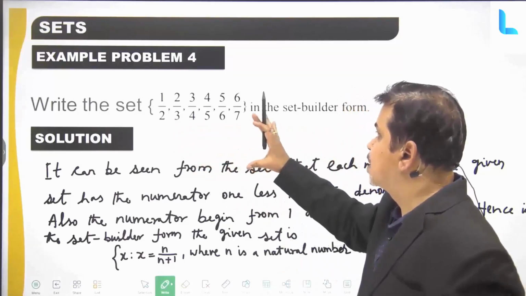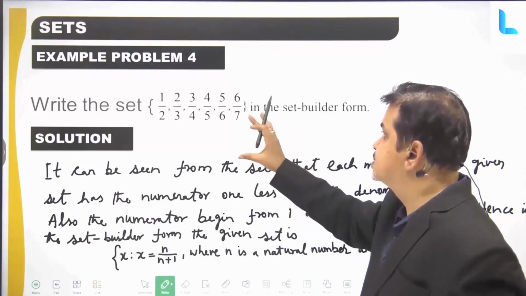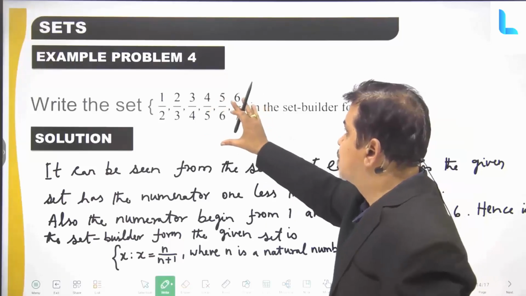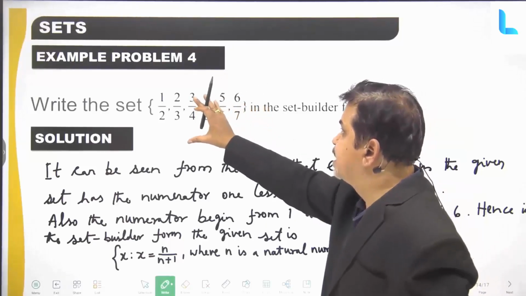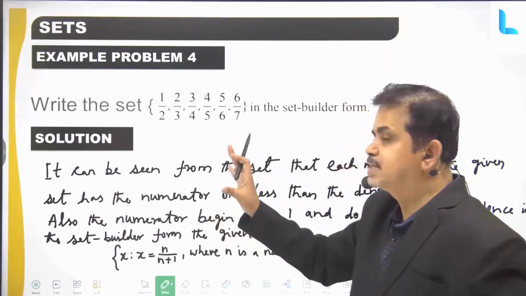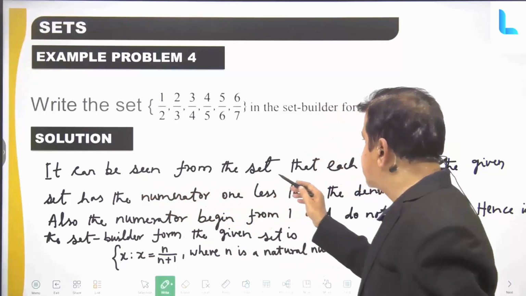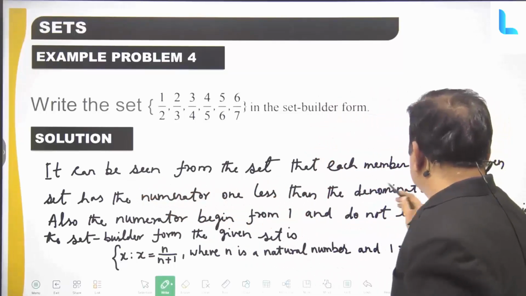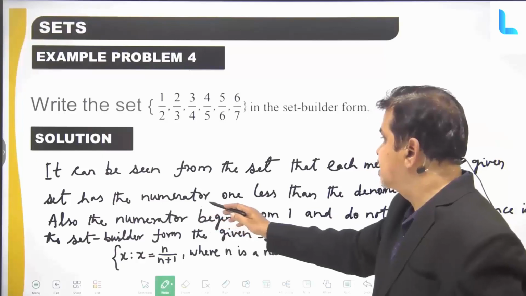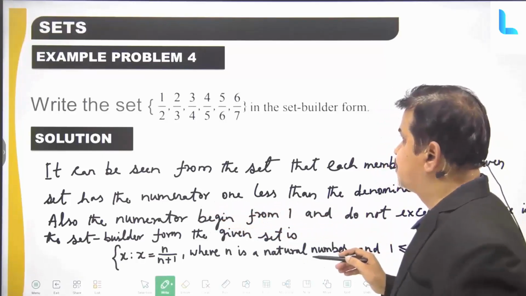So now when we try to observe this particular set and what is the property in which these elements are put in places, we can see that it forms a certain property. It can be seen from the set that each member in the given set has a numerator 1 less than the denominator.